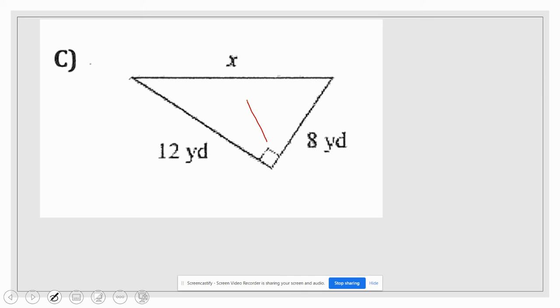In C, here's our right angle and our side opposite. So we're looking for our longest side.